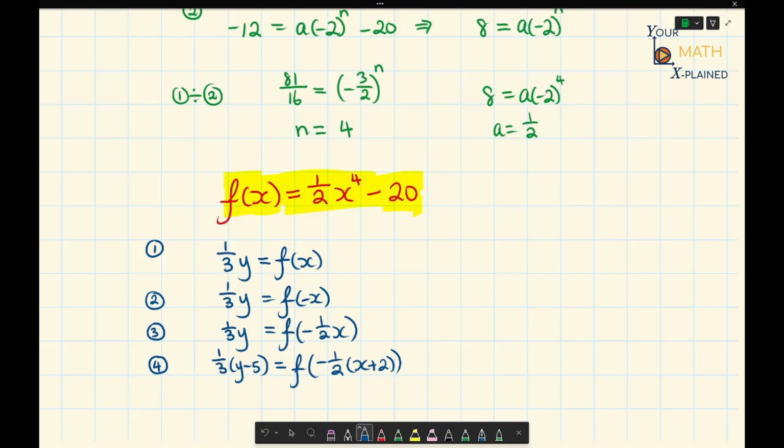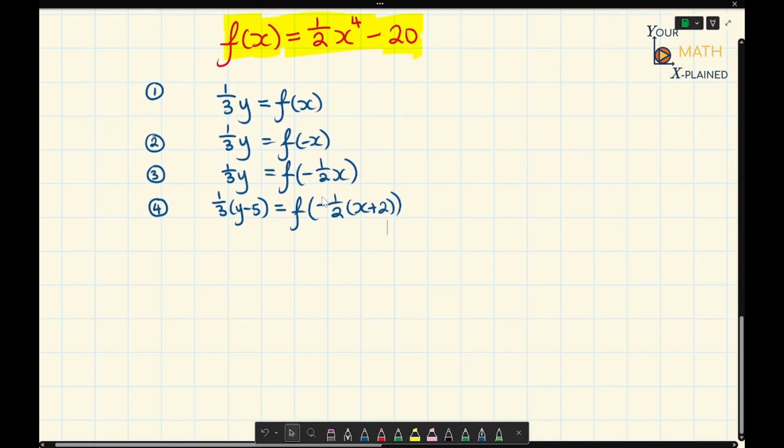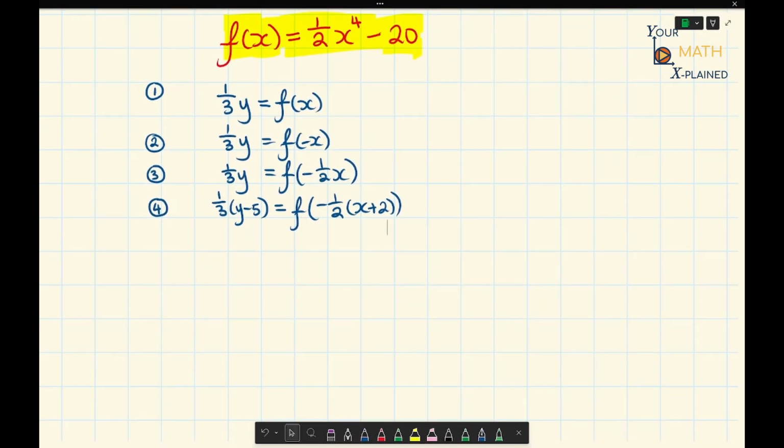Okay, so now we can go ahead and rewrite our new equation. In order to do that, we're going to isolate y here. So we get y minus 5 is equal to 3 times f of -1/2 x plus 2.